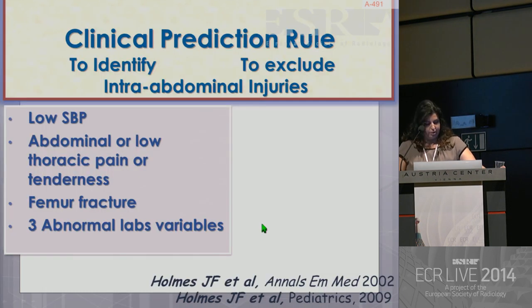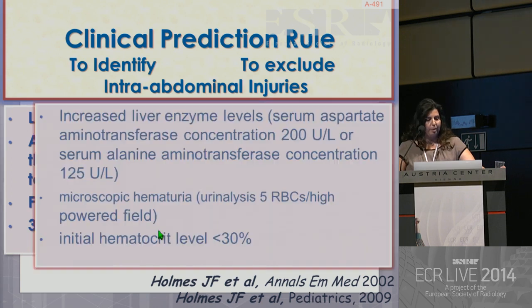There has been an attempt during the last decade to come up with a clinical prediction rule to identify children at risk for intra-abdominal injuries, and these include 6 very common and simple variables: the low for age systolic blood pressure, the abdominal or thoracic pain because the abdomen starts from the nipples clinically, a femoral fracture, and 3 abdominal laboratory variables, altered liver enzymes, microscopic hematuria, and low initial hematocrit level.